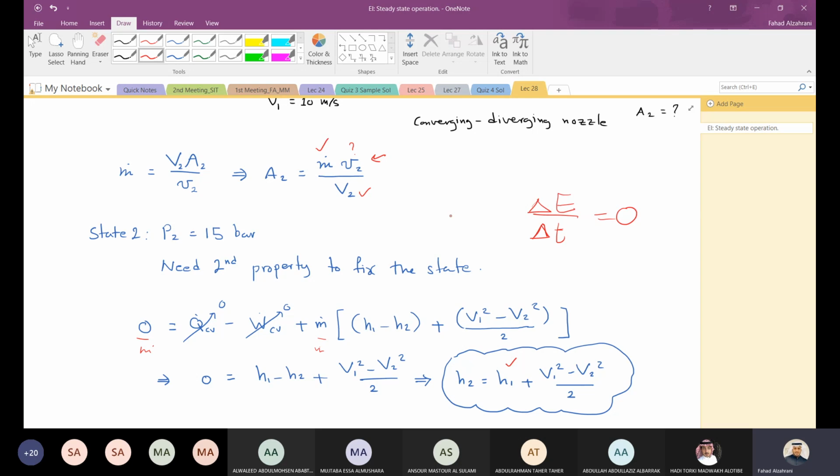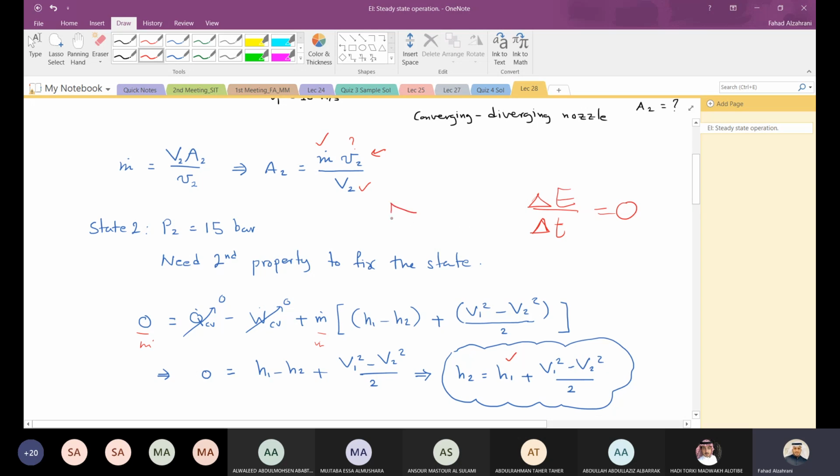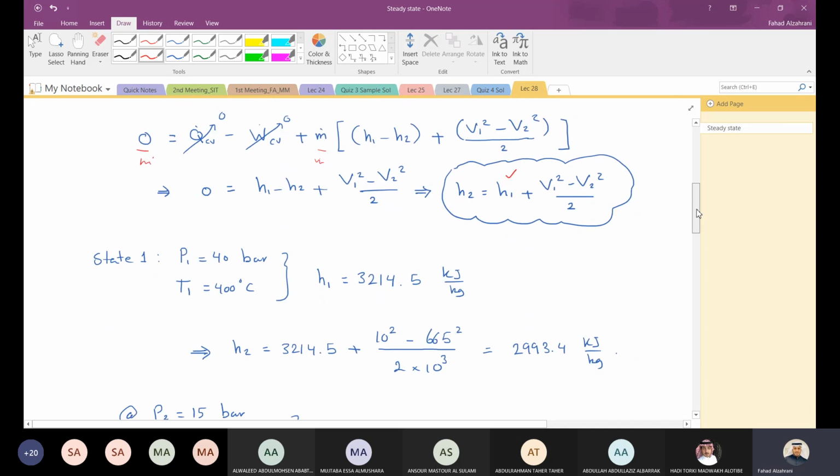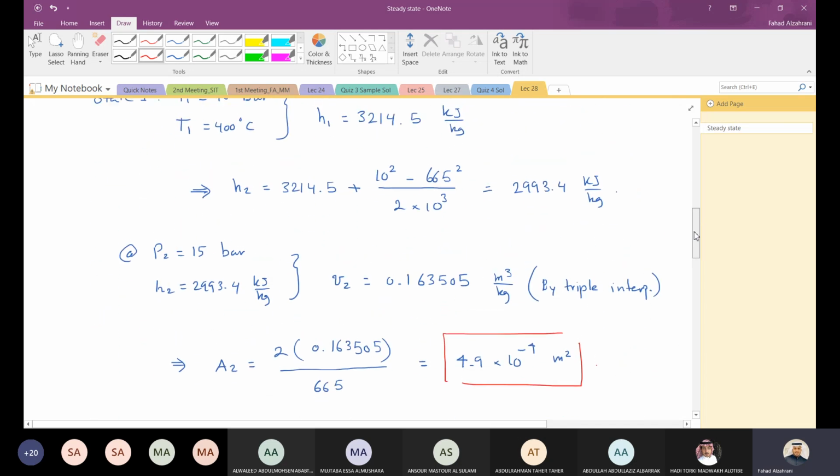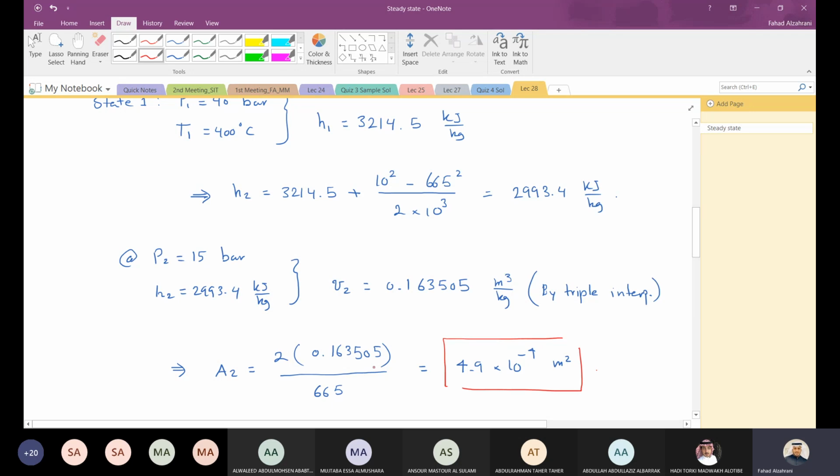You start from the end, you see what's missing, you see what's given, and then you calculate back until you go back and evaluate the original equation that you will use to evaluate what's needed to be found. Okay, so in this way you can be systematic and clear, and you'll be able inshallah to solve the problem. So then we go back and evaluate this specific volume, and we get the area is around 5, this is going to be centimeters squared.